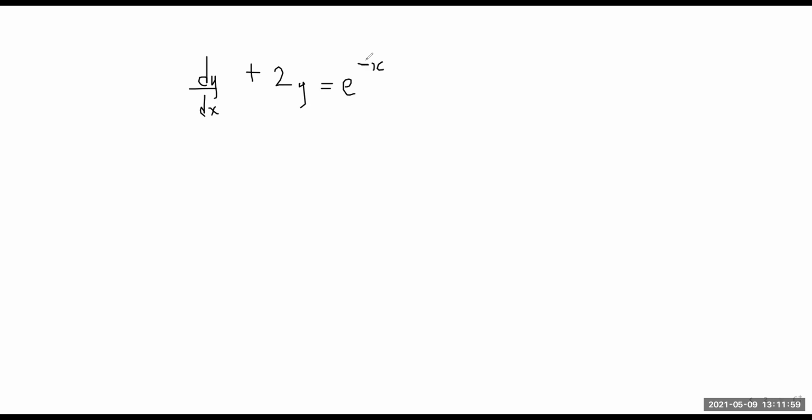So remember, step one is to make sure it's in standard form: it should be in the form dy by dx, or y prime, plus k times y equal a function of x. Is it in that form, Marika? Is it in standard form?